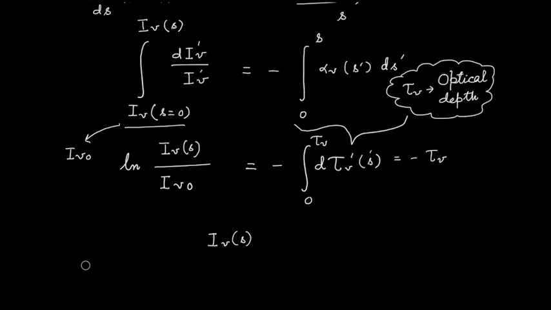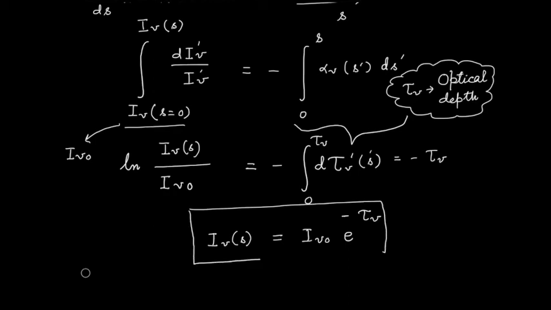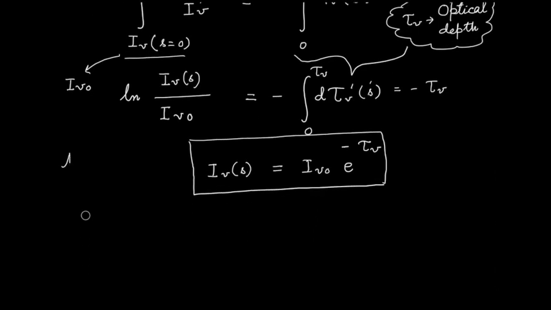Then I can rewrite this solution as, remember, when there is only absorption, I nu 0 e to the power minus tau nu. So absorption gives attenuation.